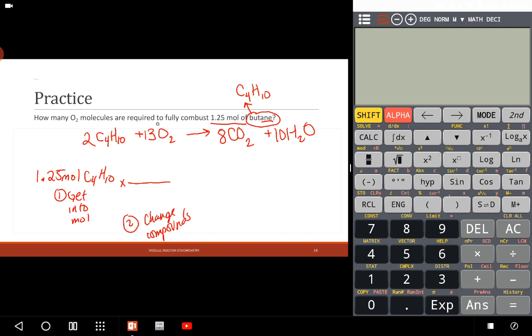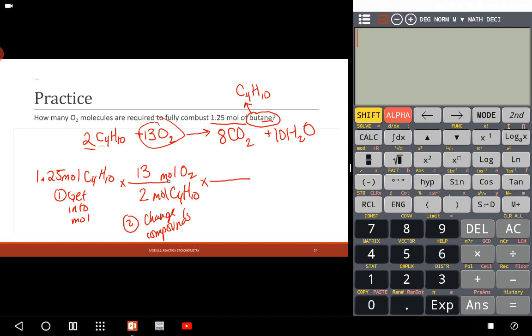We need to cancel out moles of C4H10 and get into moles of O2. That's the 13 coefficient versus a 2 coefficient.